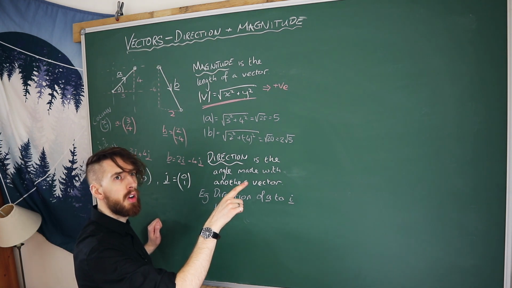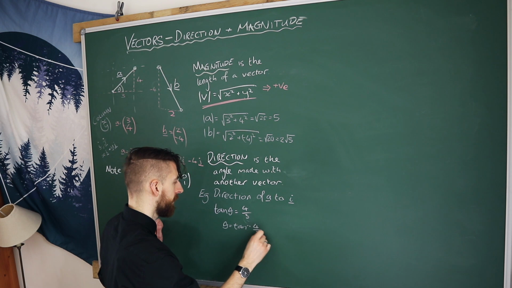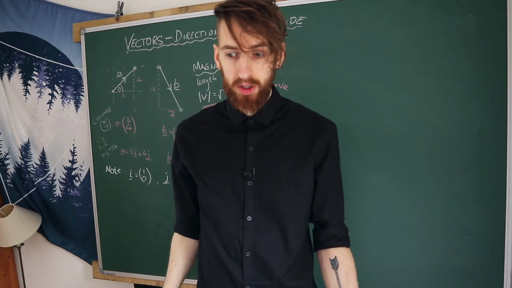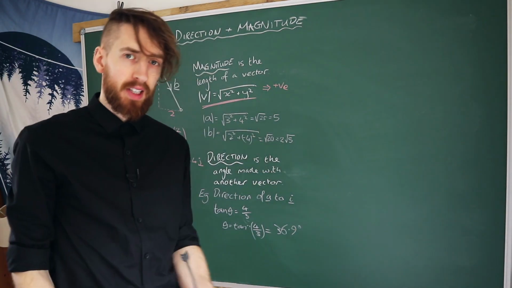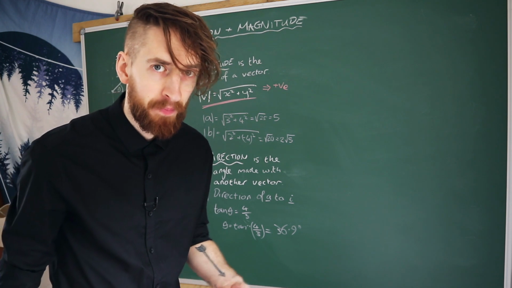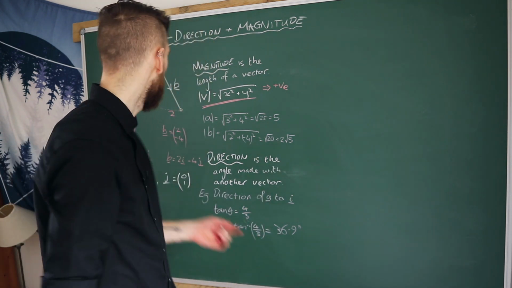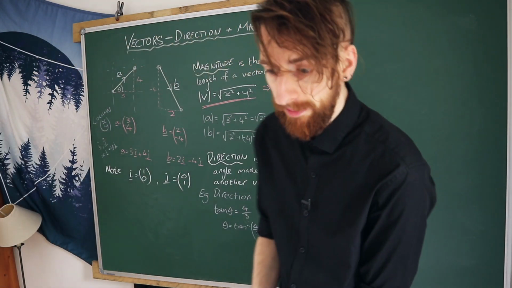Opposite is 4, adjacent is 3. Inverse tan. If I do this in my head, I think it's about 36.9 degrees. That's the direction of A compared to i. I would have done that on my calculator, but it's still missing.